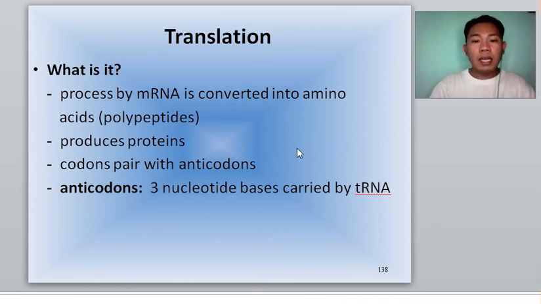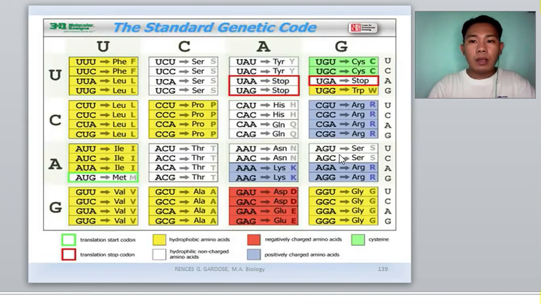In short, these anticodons will pair to the codons in the mRNA. This is the standard genetic code that codes for proteins. Notice that we have the 3 stop codons here and 1 codon here that starts the translation.